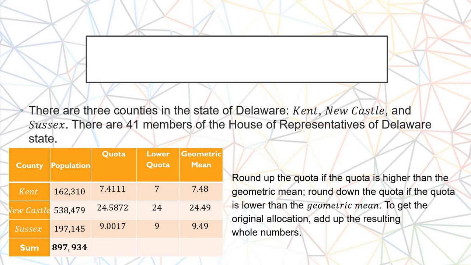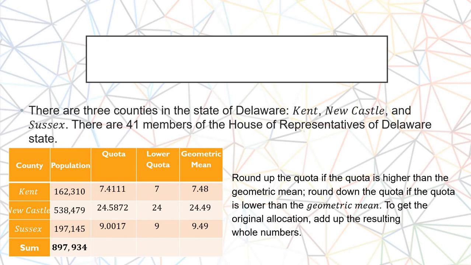The second one is the square root of 24 times 24 plus 1, which gives us 24.49, and the last is 9 times 9 plus 1, which gives us 9.49. So that is how we arrive at the geometric mean.